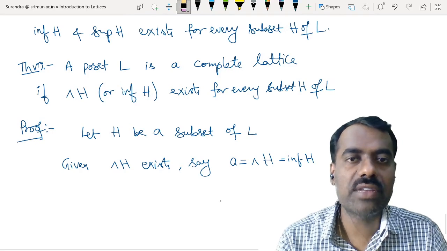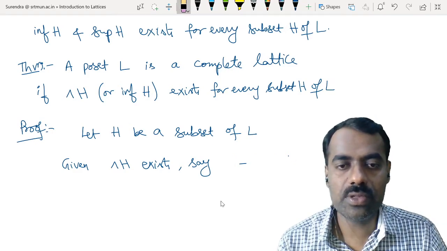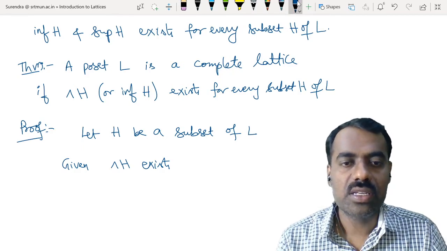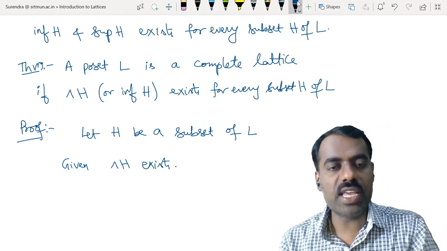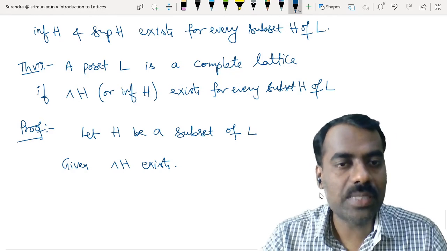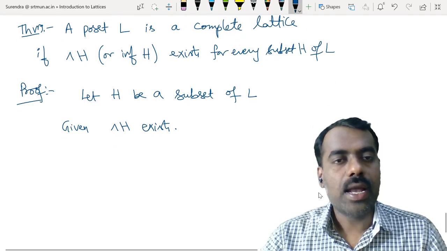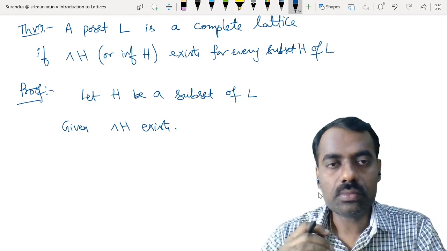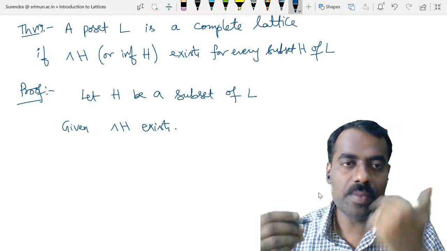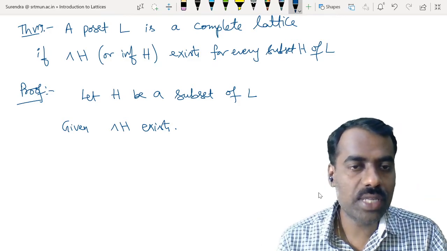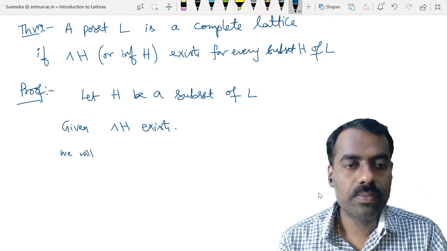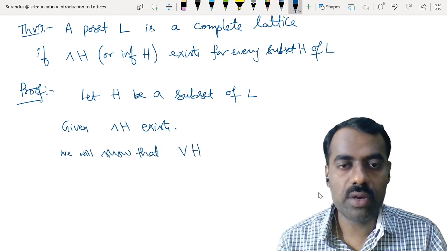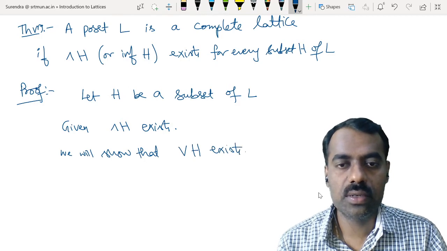What we know is that the meet of H exists for every subset, not only this H. Now, if you remember the relation between infimum and supremum, we will show that the join of H exists.